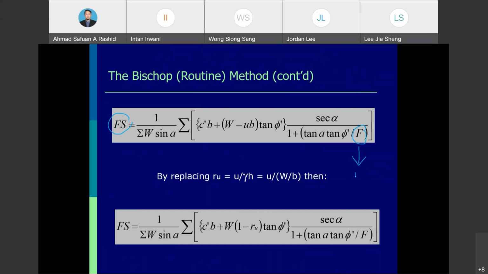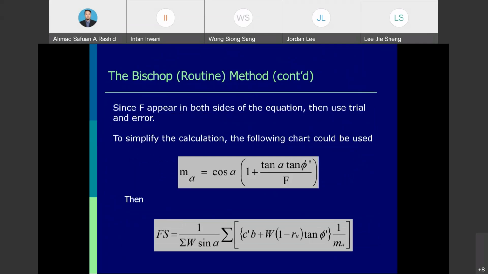If the factor of safety on the right is not equal to the factor of safety on the left, we need to repeat, at least for 3 attempts. At the end, we plot the relationship and then use the line of equality.